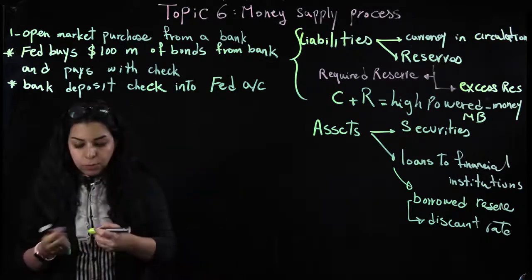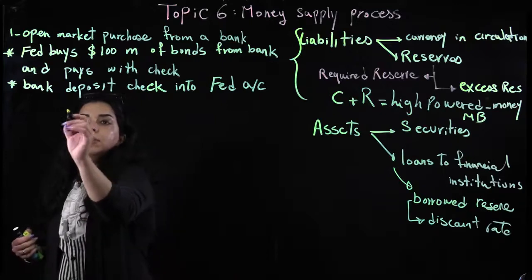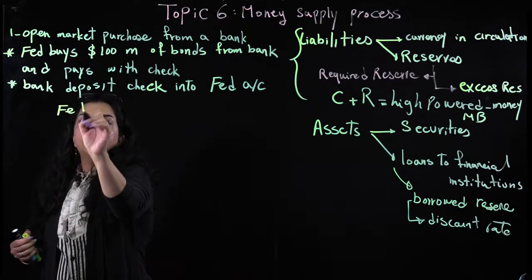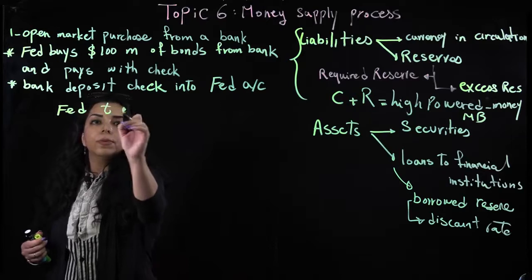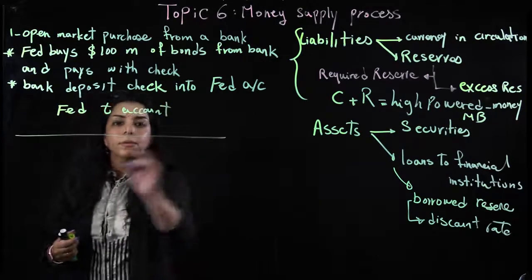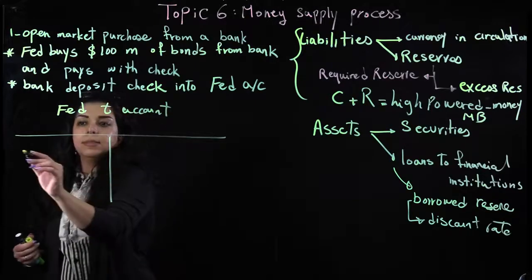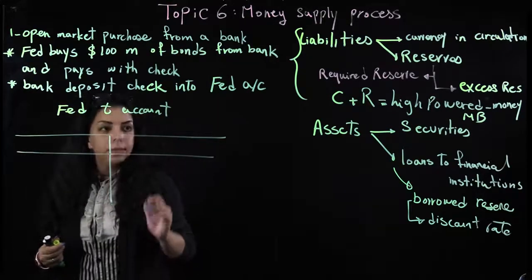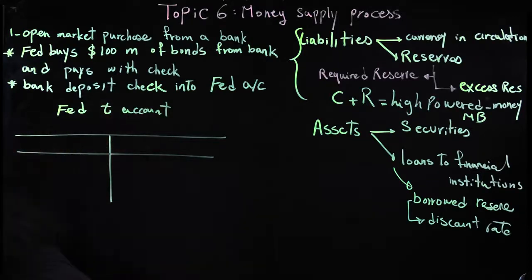So now we want to know what is happening to the Fed T account. We know that one side is the liability and the other side is the asset.